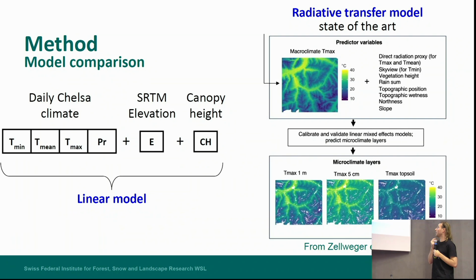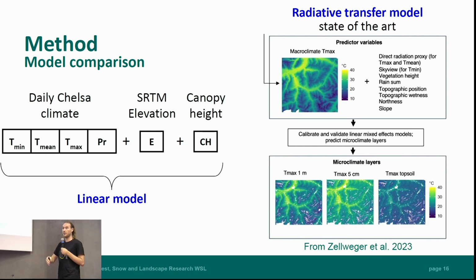For the comparison, we have two models to compare with. On the right, we have a state-of-the-art model called the radiative transfer model, which is half correlative, half mechanistic. The idea is that they compute a mechanistic estimate of radiation, which is linked to the energy that goes to the ground.